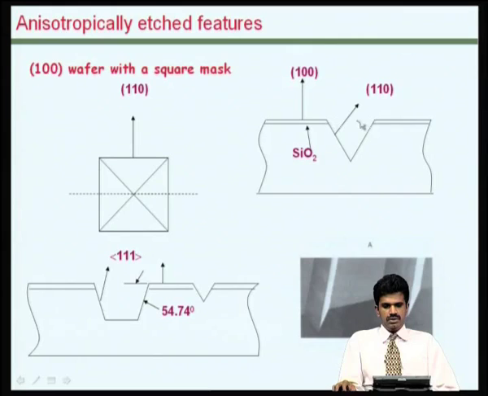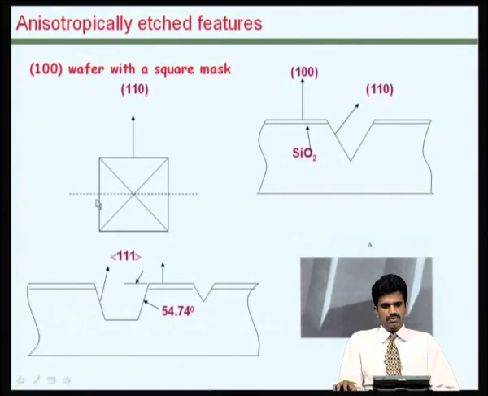Depending on the width of the etch window and depending on the duration of the etch, we can have either a V shaped or a widened shaped cavities. Why is it so?